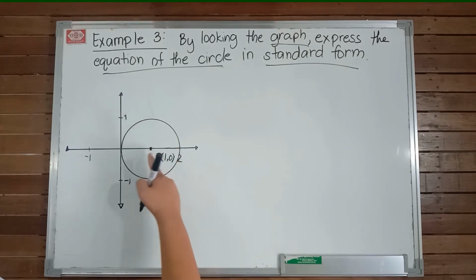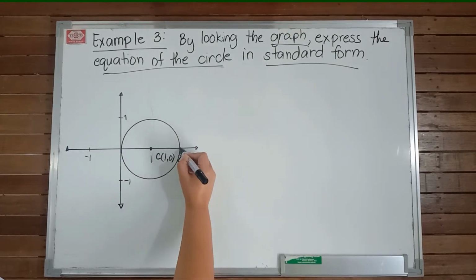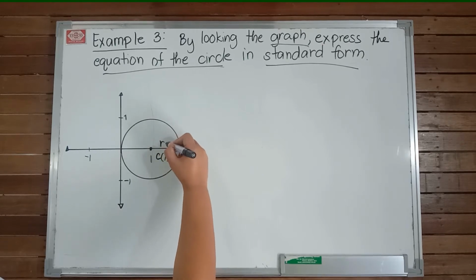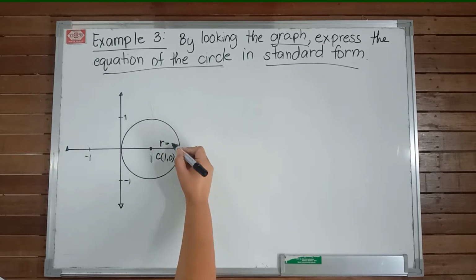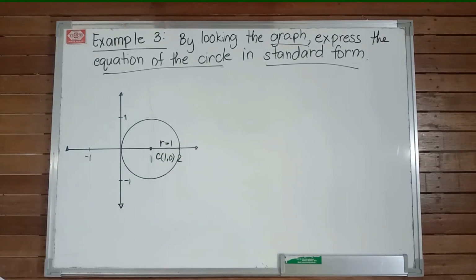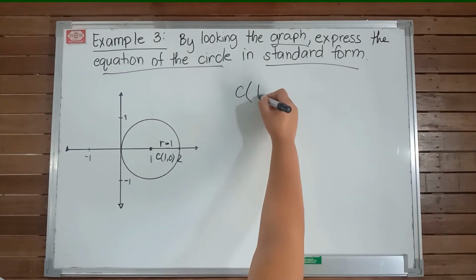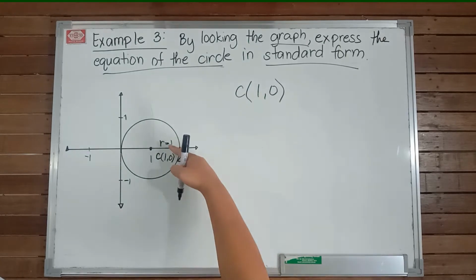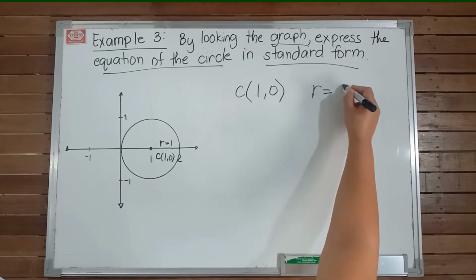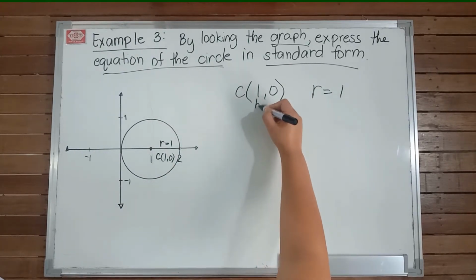So, that is our center. At ang distance or ang ating radius ay 1 unit lang. Kasi mula sa 1 hanggang sa 2 ay 1 unit lang. So, given our center is at 1, 0 and our radius is 1 unit.